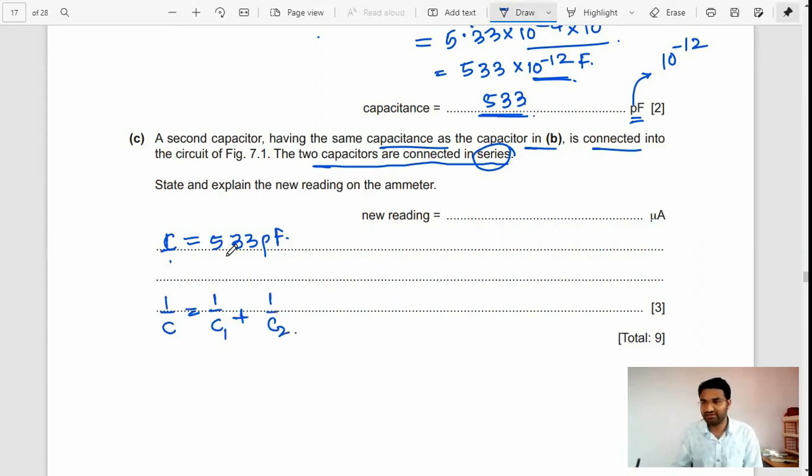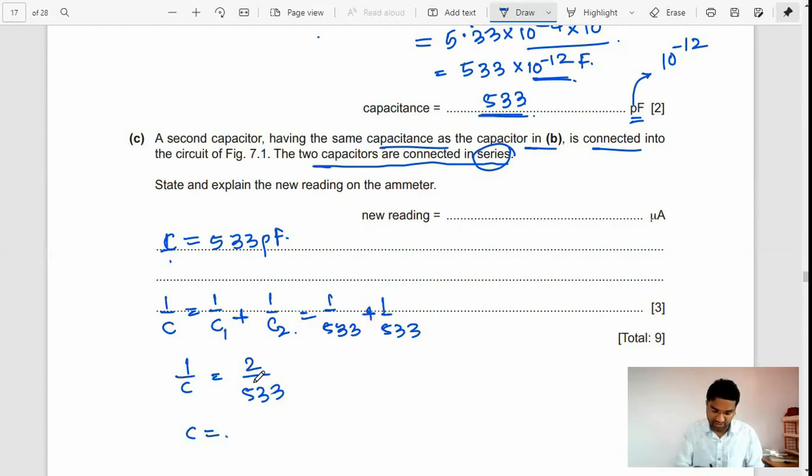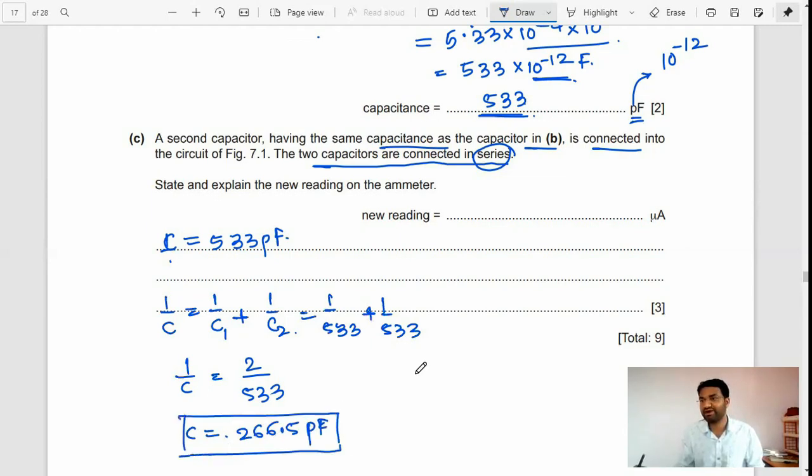So we will take here 1 over 533 plus 1 over 533, which is equal to 1 over C is equal to 2 over 533, right? So C is nothing but the reciprocal, 533 divided by 2, which is equal to 266.5 picofarad. Okay, this is not the answer. This is just the capacitance you got when you connect the capacitors in series, right?